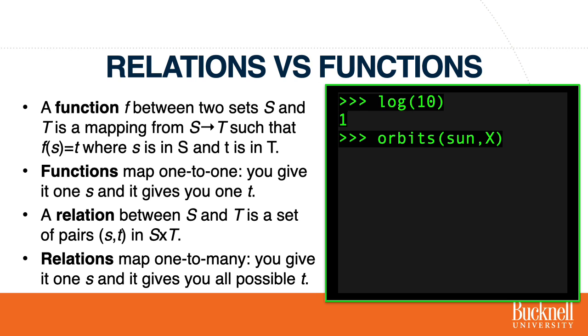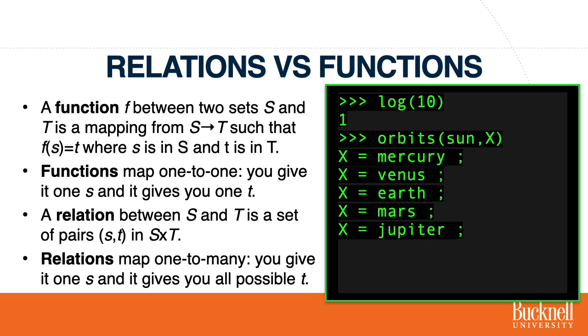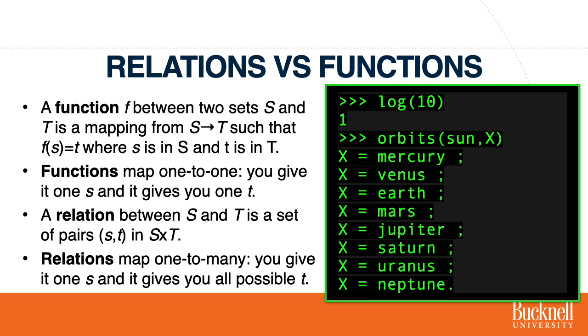For example, let's say we asked what orbits the sun, or orbits(sun, X). This is a relation involving the sun. Possibilities include Mercury, Venus, Earth, Mars, Jupiter, Saturn, Uranus, and Neptune. Let's just stick to planets, or we'll be here all day.